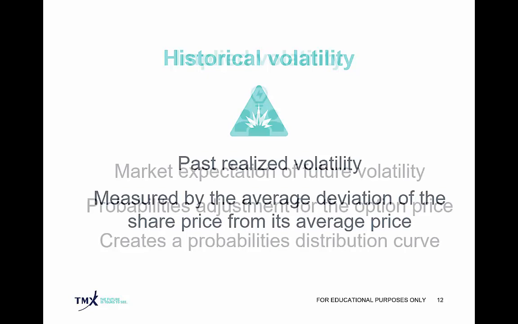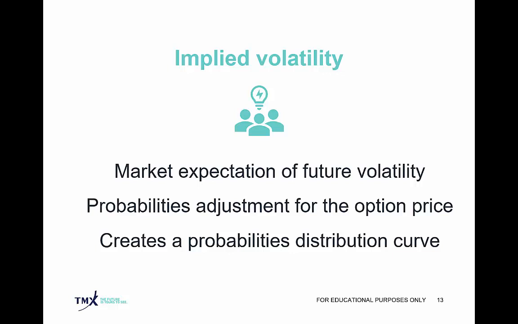But more importantly, when it comes to the idea of an earnings report, we want to be looking at implied volatility. Now, implied volatility is the market expectation of future volatility in the underlying shares. It's a probabilities adjustment for the option price, and it creates what's known as a probabilities distribution curve. Now, I don't want to overwhelm everybody with math, but this really helps conceptually understand how an option is priced.